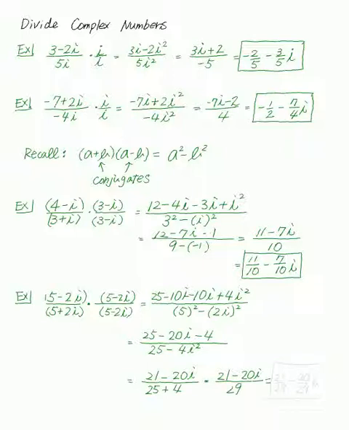And I can rewrite that in standard form. 21 over 29 minus 20 over 29 i. And that is my final answer. And that's how you divide complex numbers.